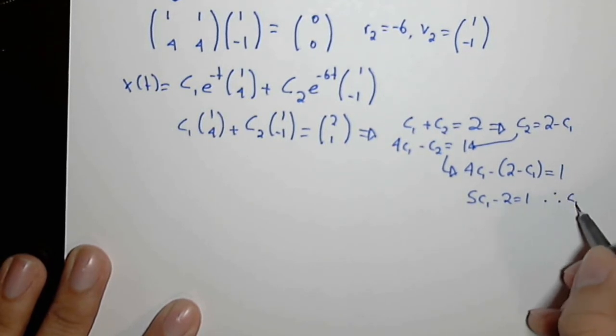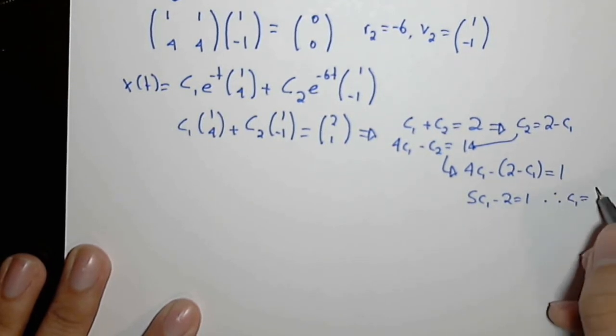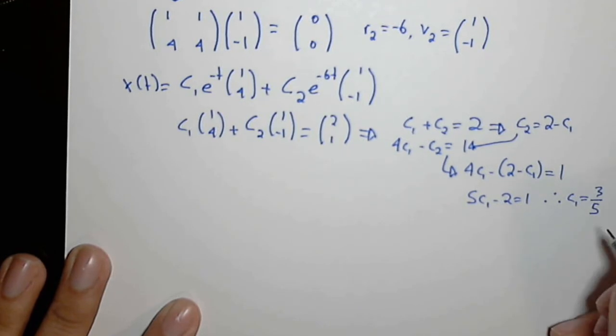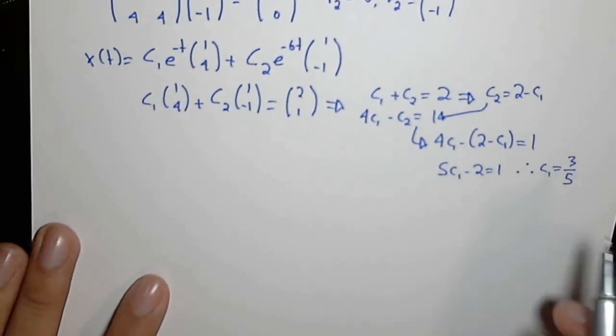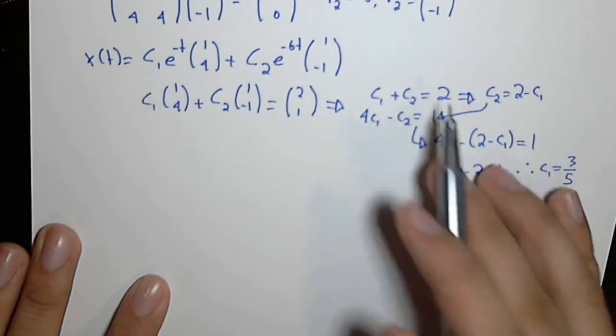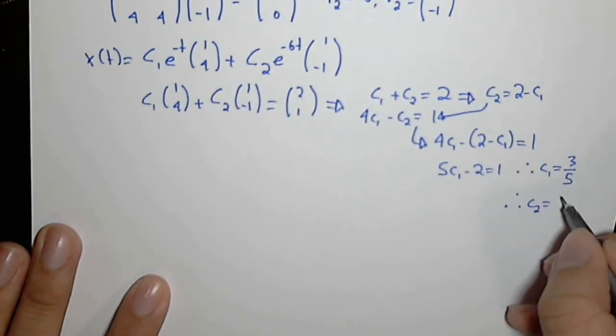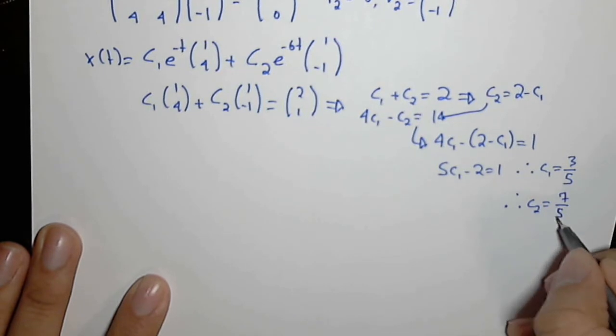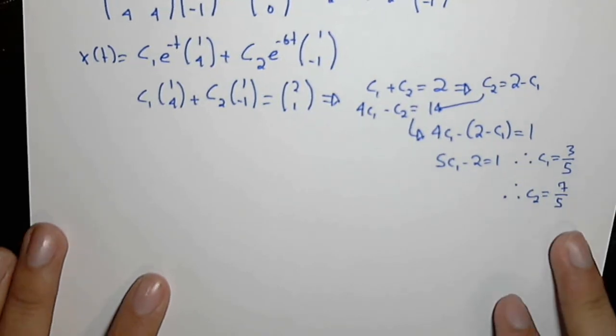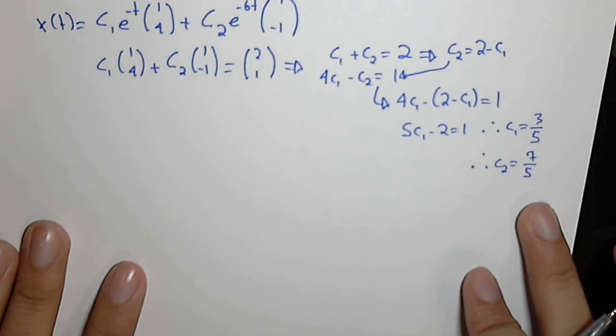Therefore, C1 equals 3/5. Basic algebra. And from there, since the first equation is so simple, you can jump straight to there. Pretty straightforward.